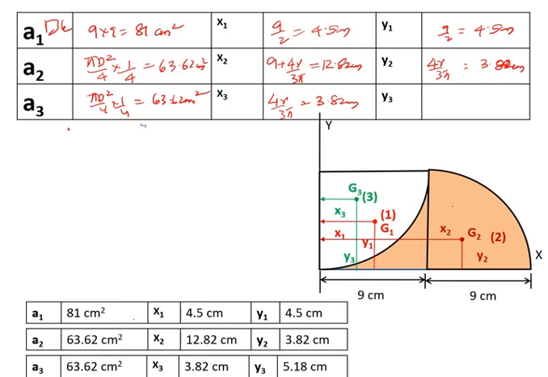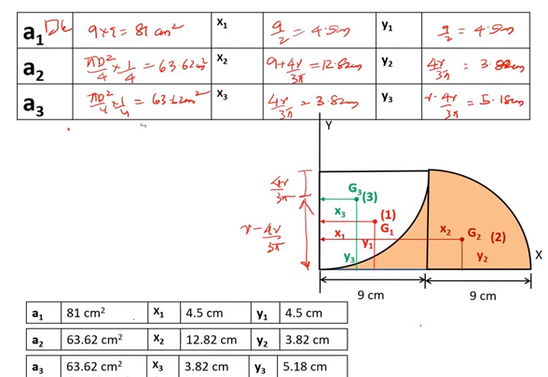y3 is what? Y3 is actually inclined, so this distance is what? This distance is 4r by 3 pi. So from the axis I need to get, so this distance is what? R minus 4r by 3 pi. So I'll get this distance as r minus 4r by 3 pi, that is 5.18 centimeters.